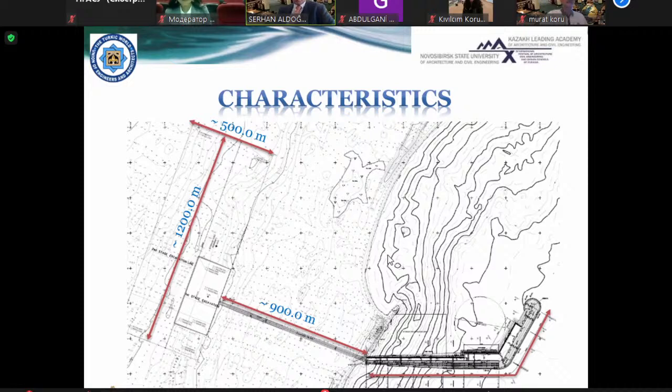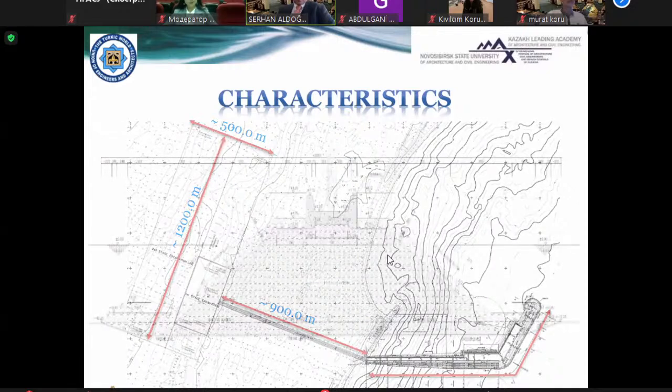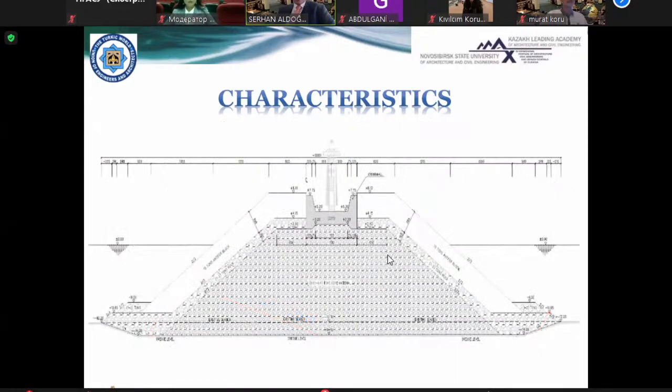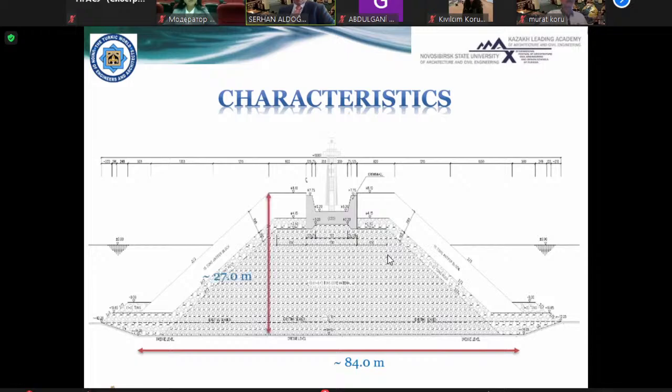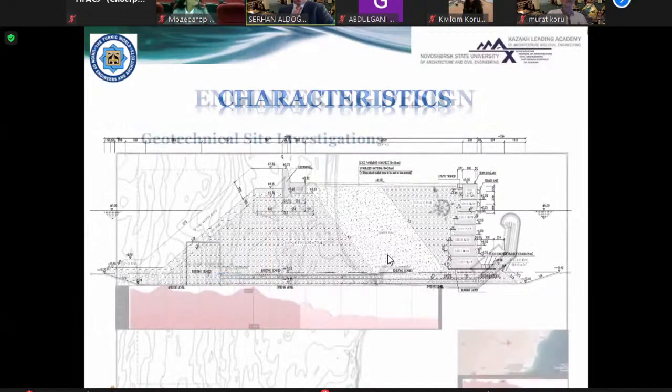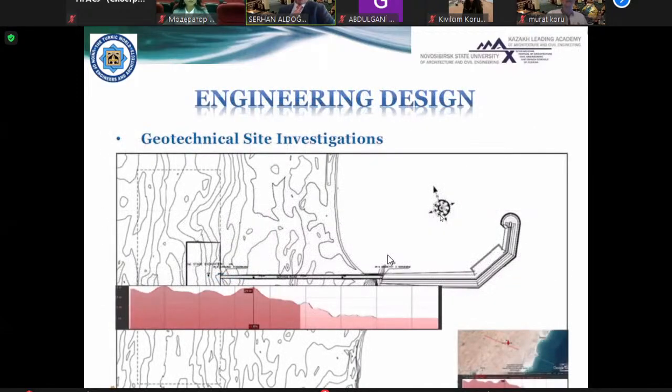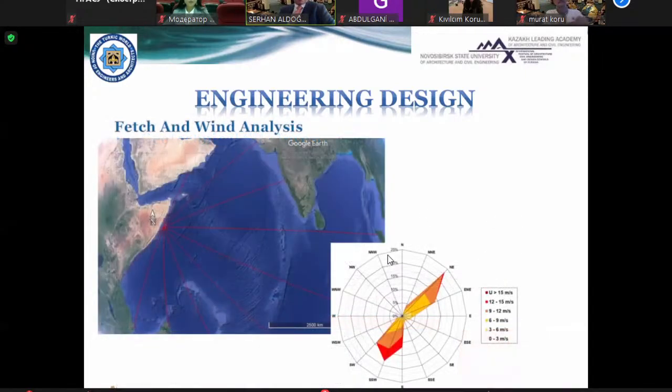Breakwater length is more than 1 kilometer. You see the cross section of the breakwater, with very large dimensions because of the coast and the shore. What we have done there is both site investigations and design procedures, including geotechnical site investigations.